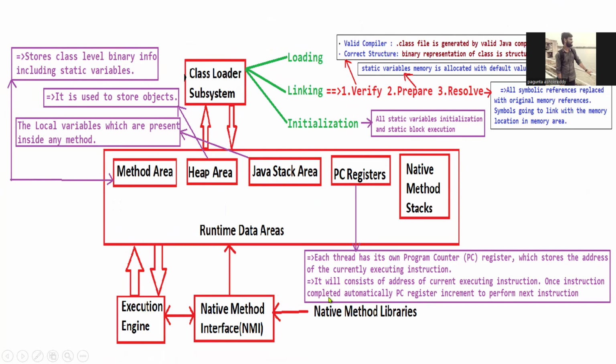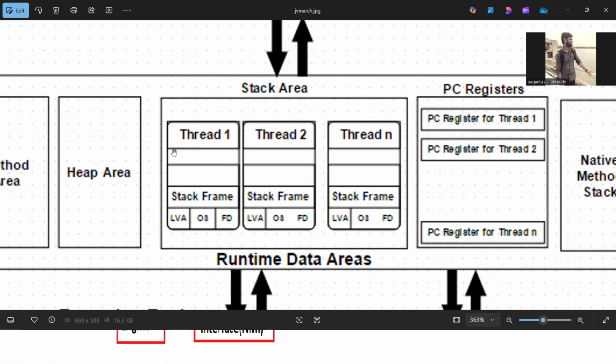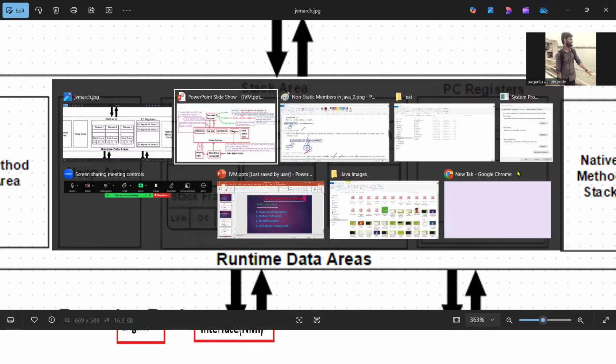Once the instruction execution is completed, the PC register automatically increments to perform the next instruction. I told you already, there are thread 1, thread 2, thread 3, up to thread n. Once a thread's execution is completed, the next thread's PC register is executed. This is the process.